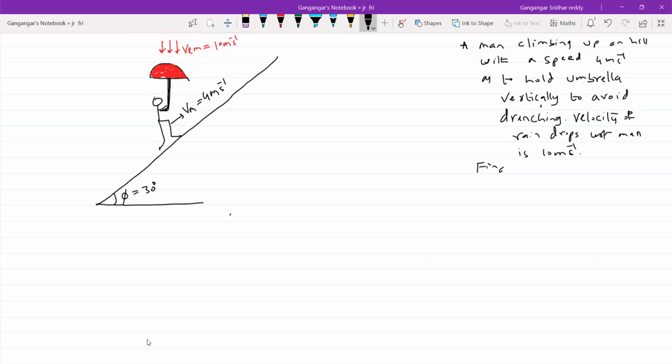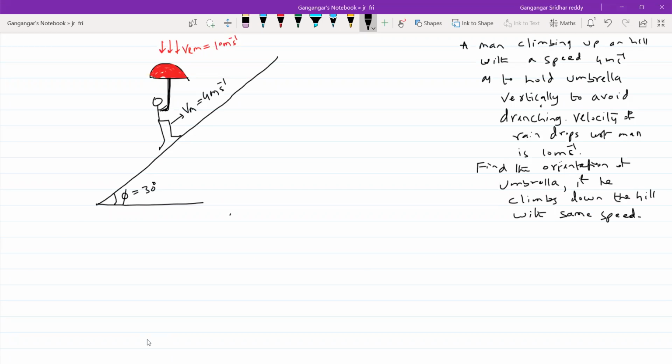Find the orientation of umbrella if he climbs down the hill with the same speed. Look at the question, the last part of that one.